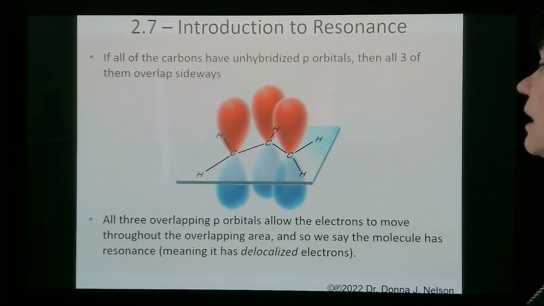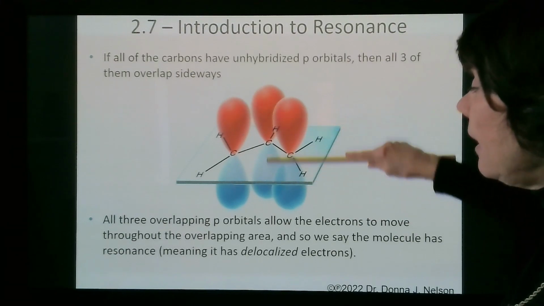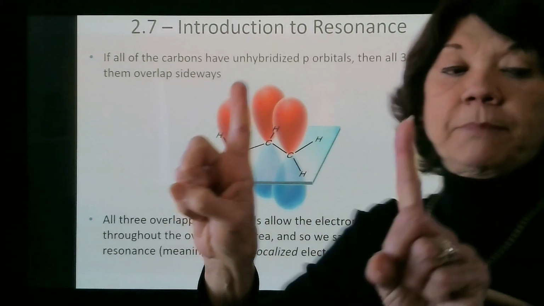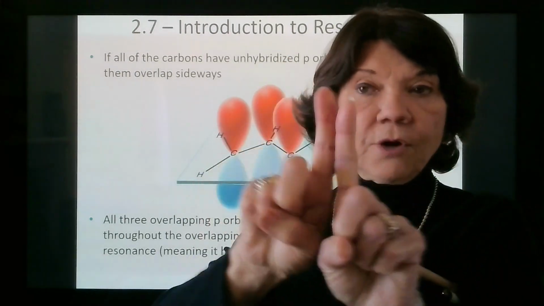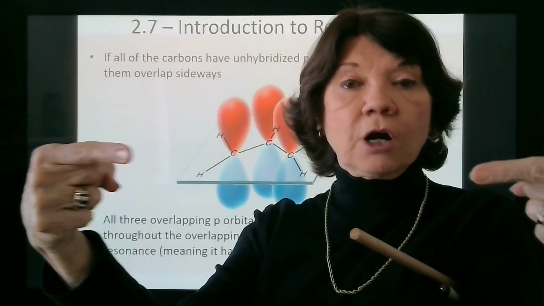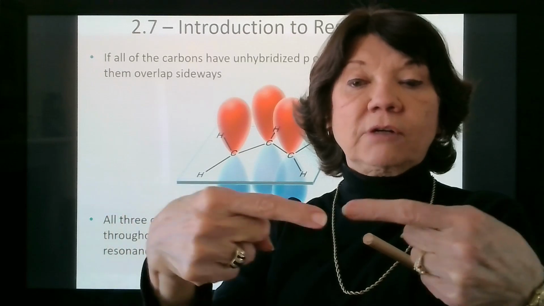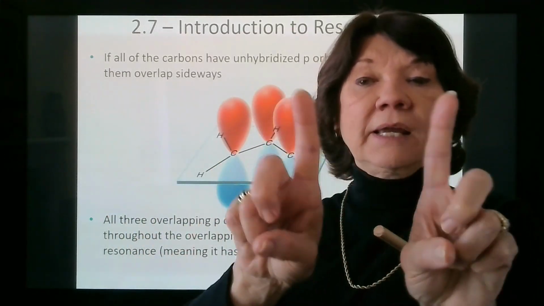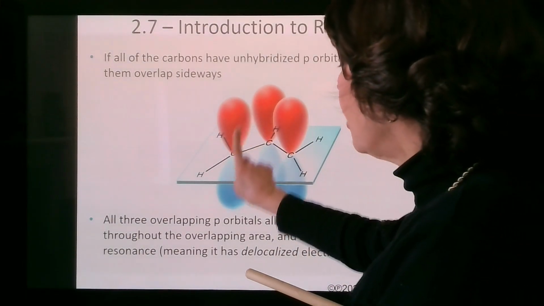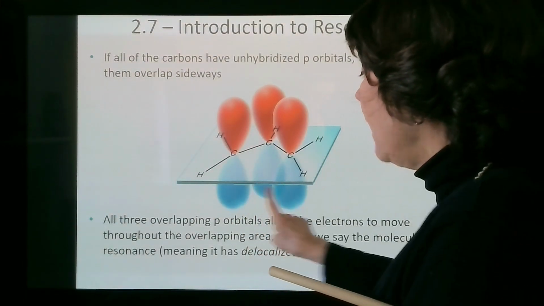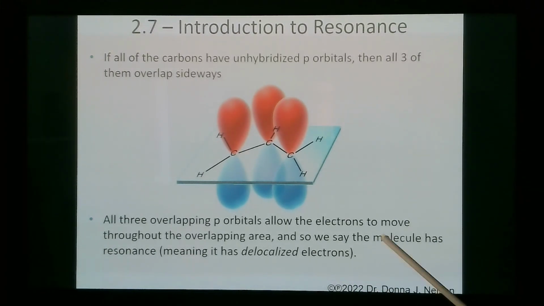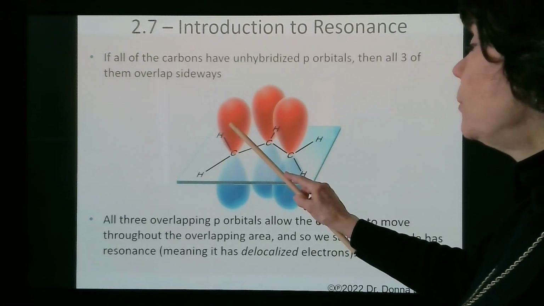And so these are parallel to each other, and so they overlap sideways. Most reactions occur end-on through the interaction of end-on orbitals, but this overlap is occurring sideways, above and below the plane. And so this is bonding.